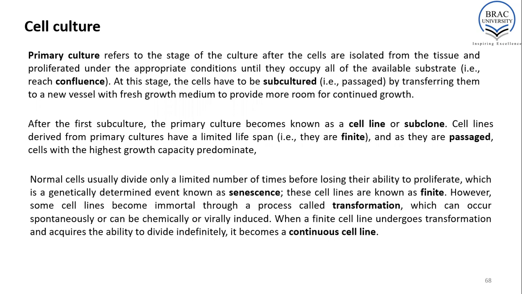However, some cell lines can become immortal by a process called transformation, which can occur spontaneously, chemically, or be induced virally. When finite cells acquire the ability to divide indefinitely, it gives rise to a continuous cell line.